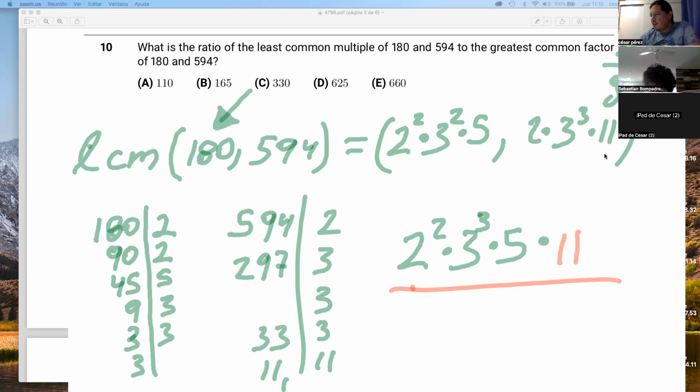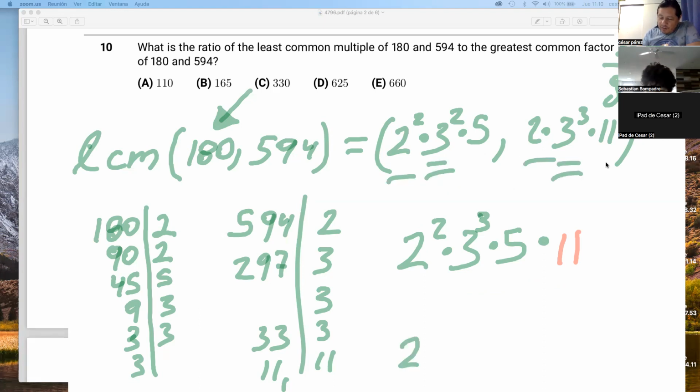Primero los factorizamos. When we have the factors of every number, we know that this must have a factor 2, factor 3, factor 5, and factor 11.